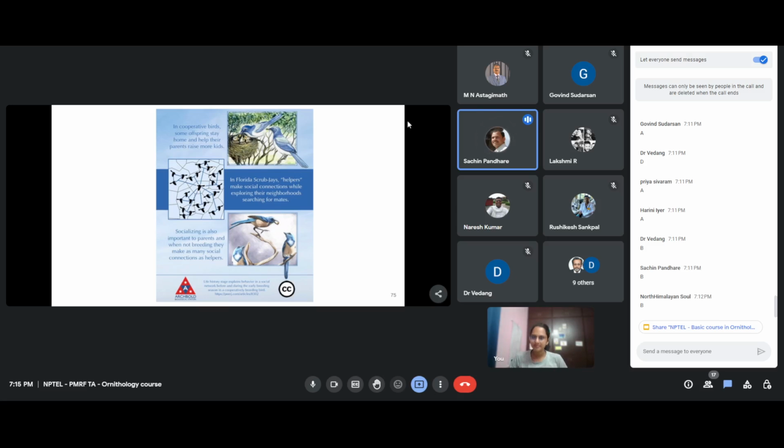The reason would be that the helpers which are there today may have established a breeding setup of their own later on, so they may go away. The current parent may need helpers in future breeding seasons, so they like to cooperate or socialize with others so that they can come to this flock if some flock members go away.